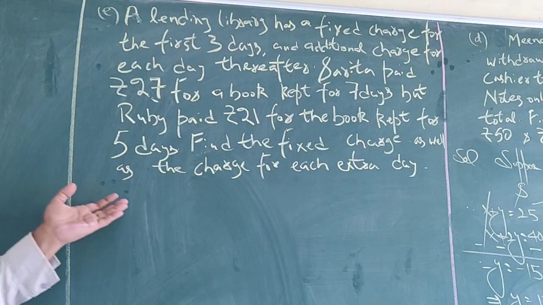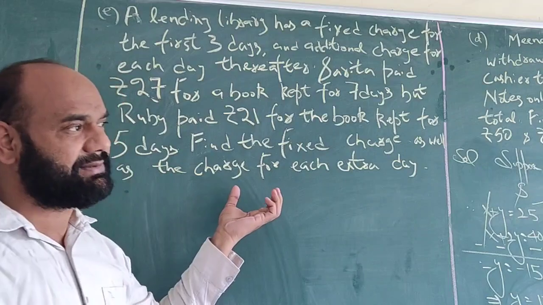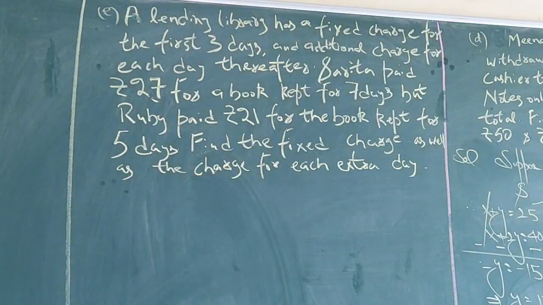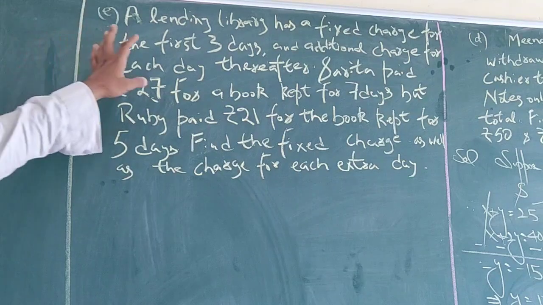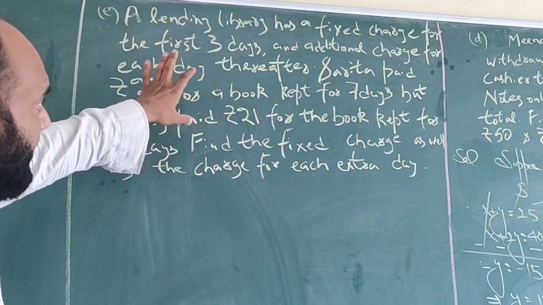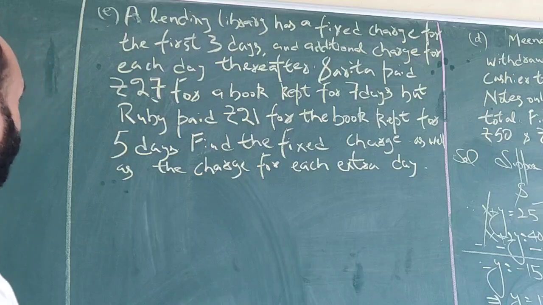And this question is like the taxi question which we solved in the previous exercise 3.3. So in this question, first of all, we assume the fixed charge of the library and the charge per day of the library.